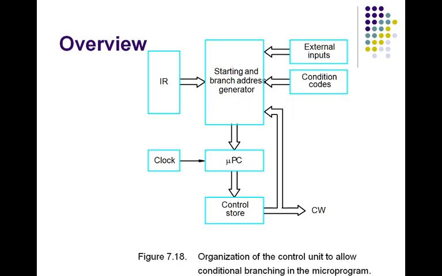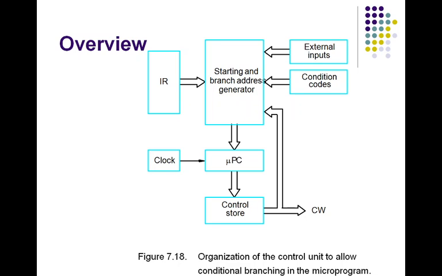Here the starting address generator block becomes the starting and branch address generator. Earlier it was the starting address generator, now it becomes the starting and branch address generator. This block loads a new address into the microprogram PC, that is mu PC, when a microinstruction instructs it to do so.